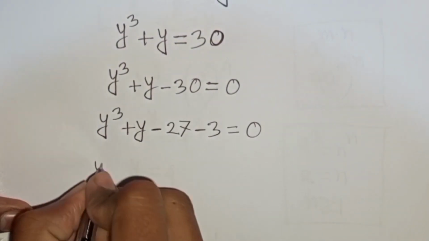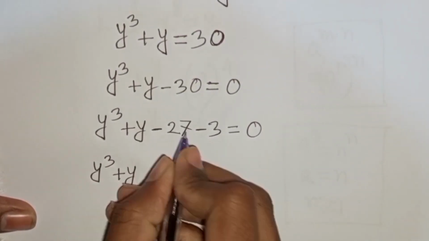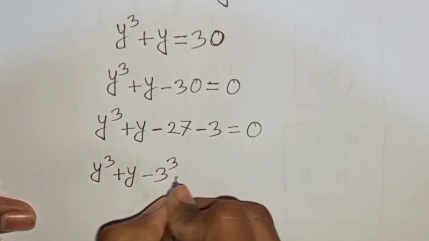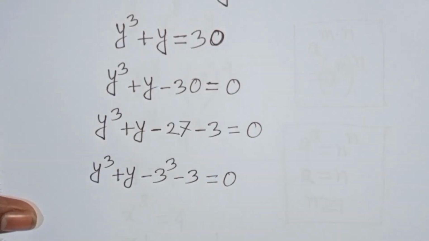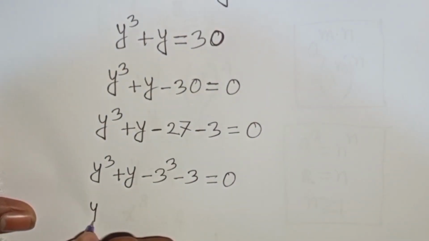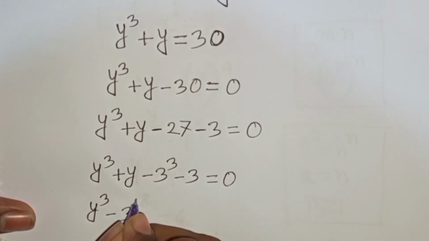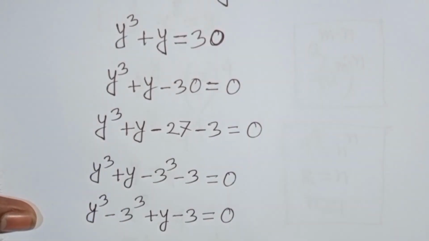Now we have y cube plus y, then minus 27 is the same as minus 3 cube, then minus 3 is equal to 0. Now we have y cube minus 3 cube, plus y minus 3, is equal to 0.